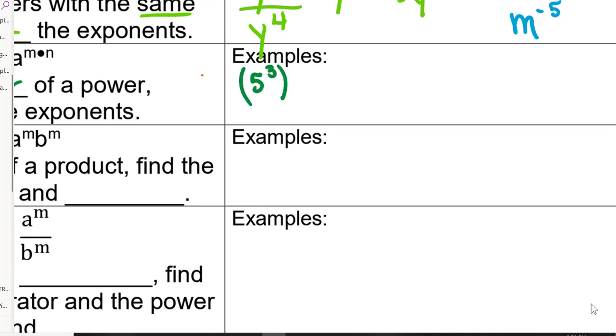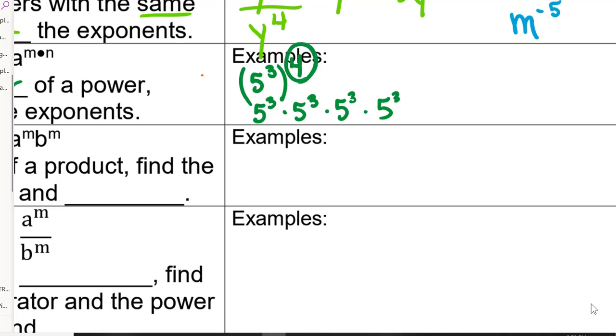5 to the third to the fourth. So anytime you say 5 to the third to the fourth, to another power, that's when you're going to multiply those exponents. So the reason why this works, we've got 5 to the third times 5 to the third times 5 to the third times 5 to the third.